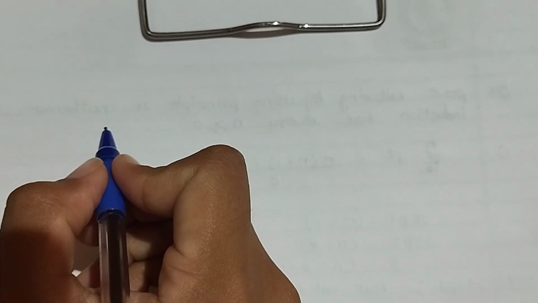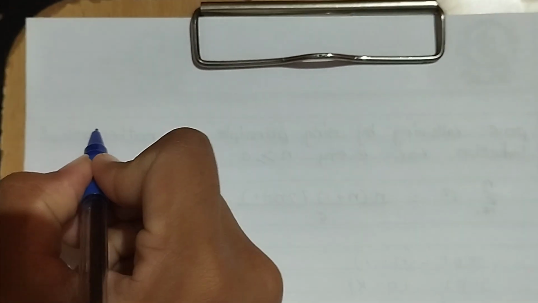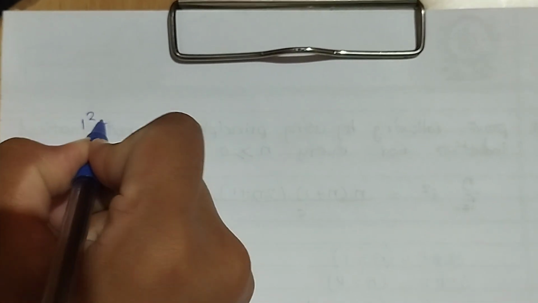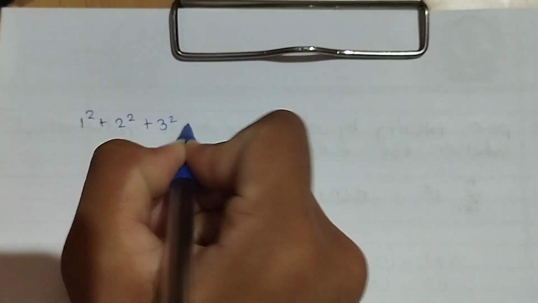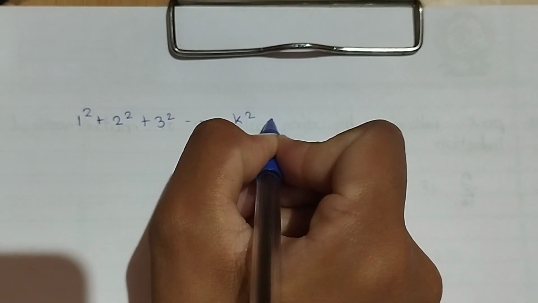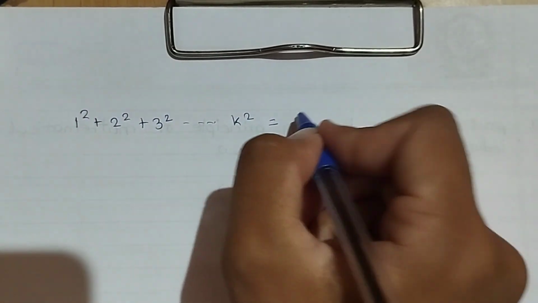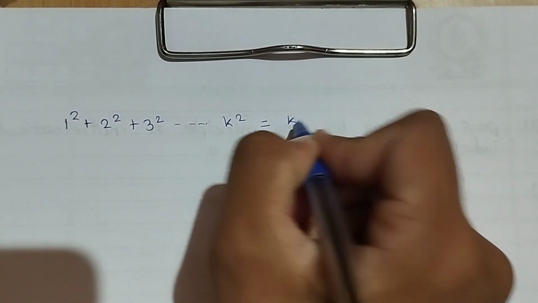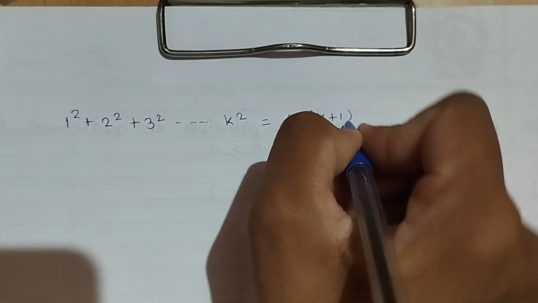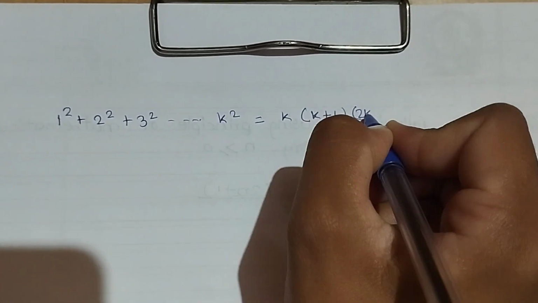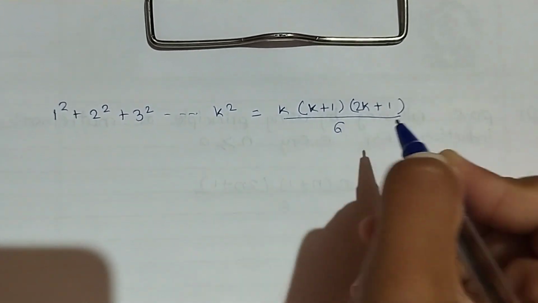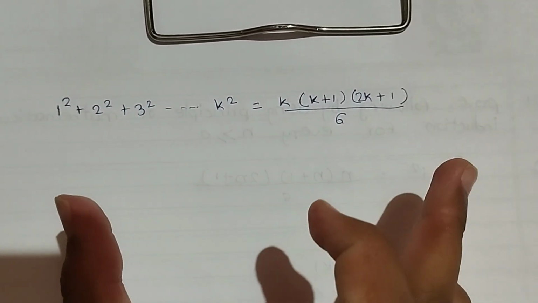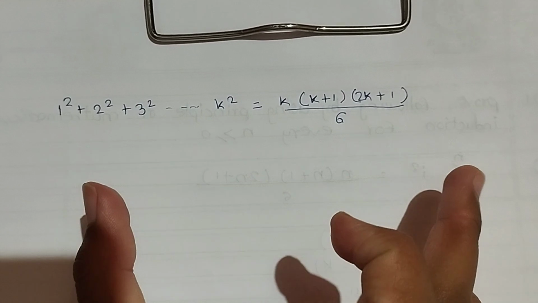So we combine both LHS and RHS: 1 square plus 2 square plus 3 square up to k square is our LHS, and the RHS we get is k into k plus 1 into 2k plus 1 divided by 6.